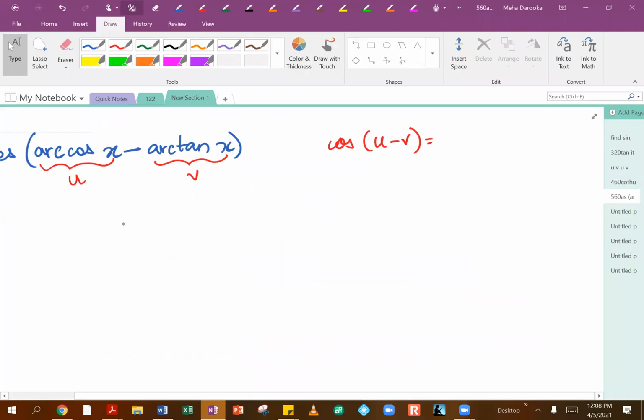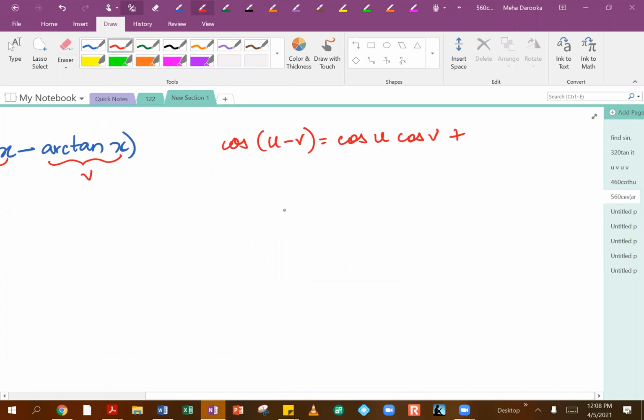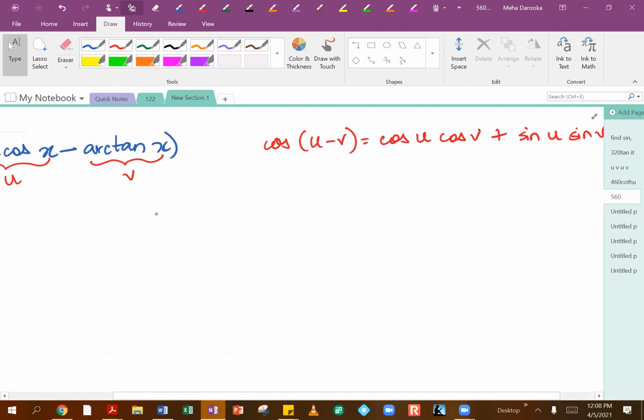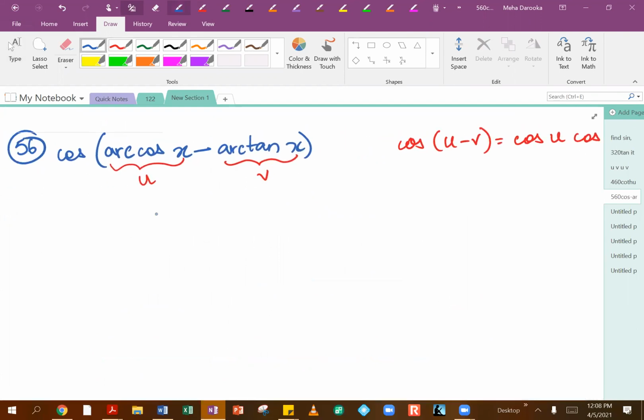So that's how we break this down. Cosine of u cosine of v, and this will actually have a plus sign, sine of u sine of v.